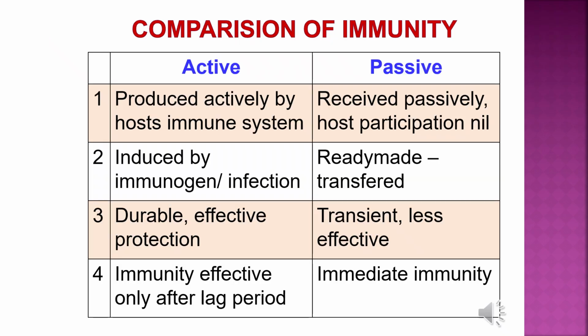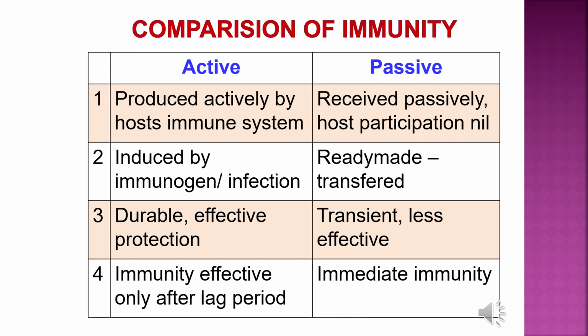Now we'll see a comparison of active and passive immunity. Active immunity is produced actively by the host immune system, so host participation is required. It is induced by an immunogen or infection. It is durable, effective protection, and immunity is effective only after a lag period. Some period is required to build up the immunity, that is, production of antibodies, and that is called the lag period.